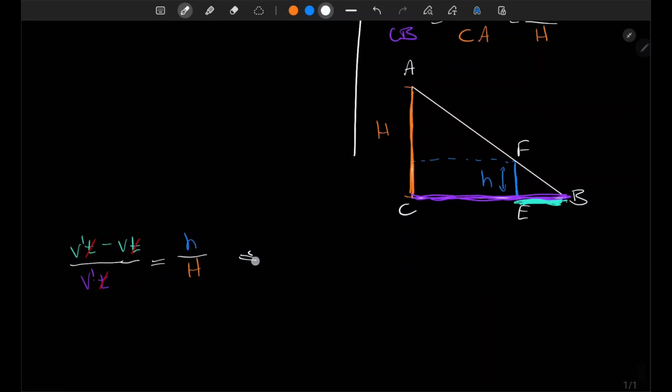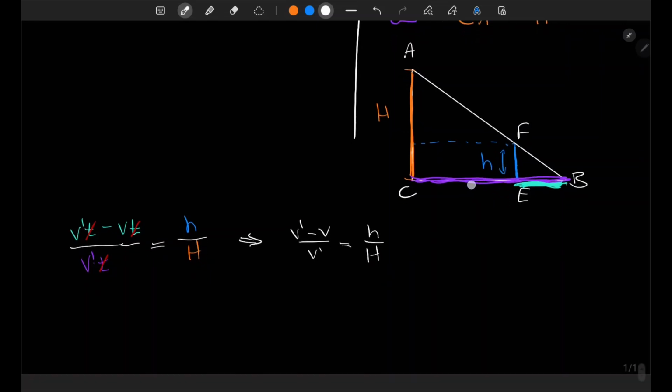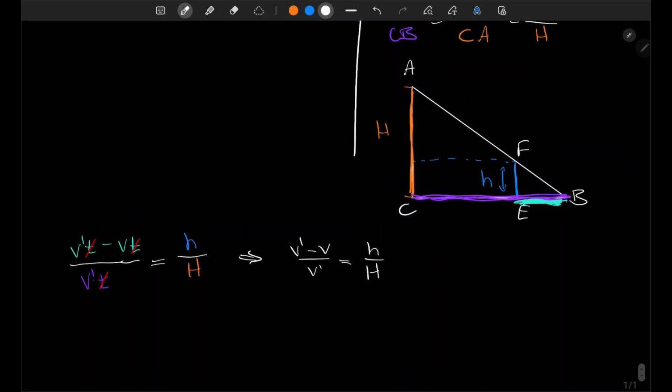Then what we have is V prime T minus V T over V prime T is equal to little h over big H. But this guy is equal to v prime over v prime minus v over v prime.